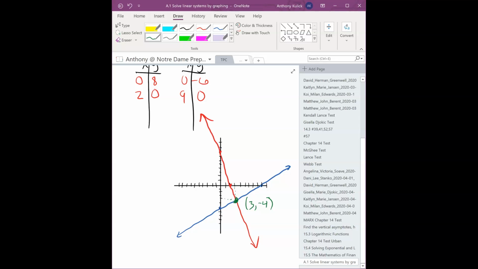If you don't draw a nice, neat XY axis, it's going to be really difficult to estimate the correct point for the intersection. Another difficulty is, what if the solution is actually like 2.99, -4? Is it going to be realistic to get that kind of accuracy from looking at something you've graphed yourself by hand? No, probably not.